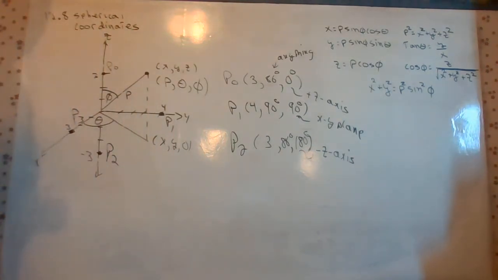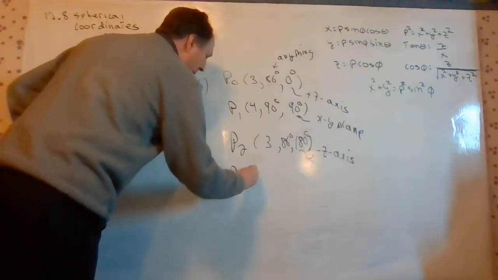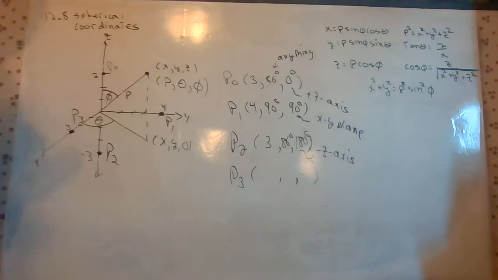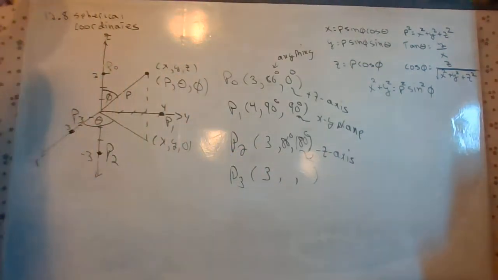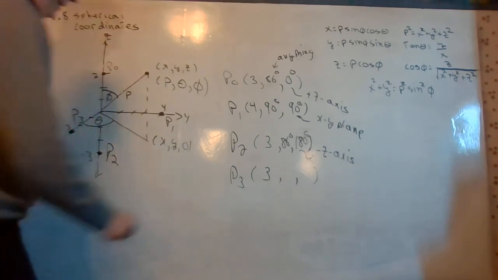Okay. And then we finally have P3. That's 3 units. Theta, we start at the x-axis, and, well, we don't go anywhere. We're already on the x-axis.